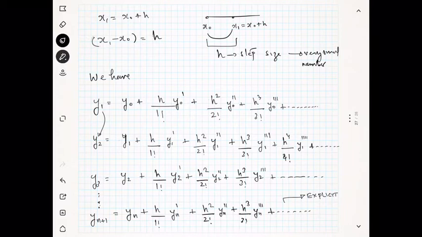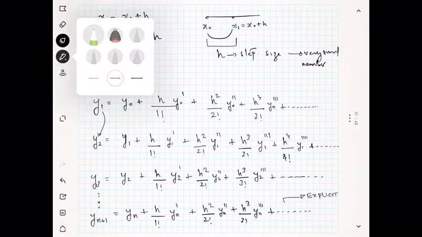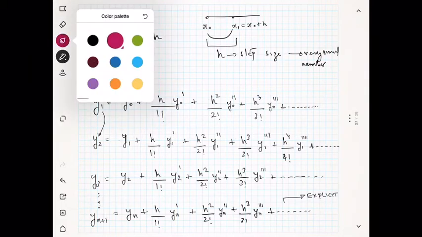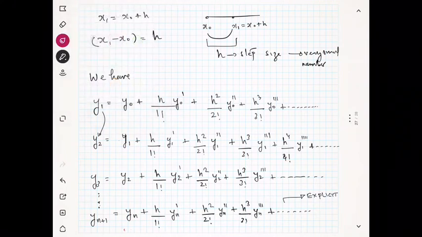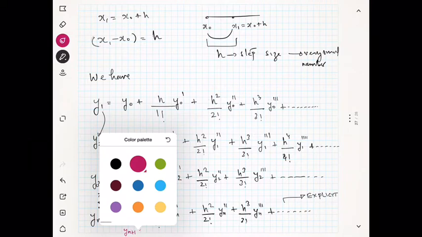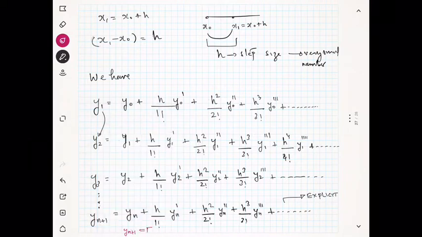If there is yn plus 1 on the right side, you have to solve this equation and obtain yn plus 1. You can see here yn plus 1 is some function of yn and h.